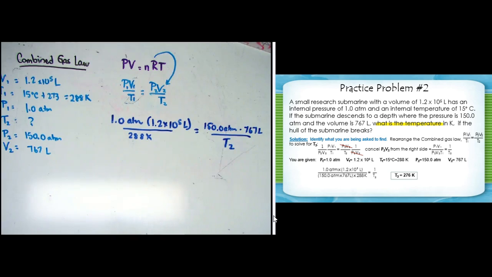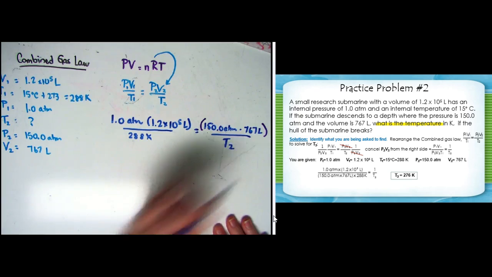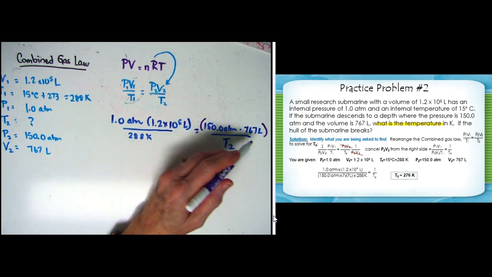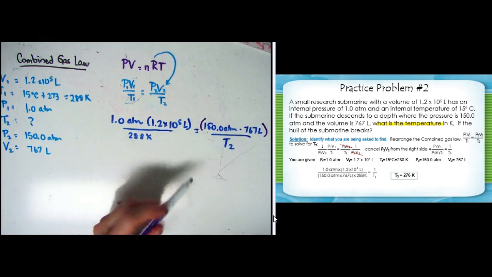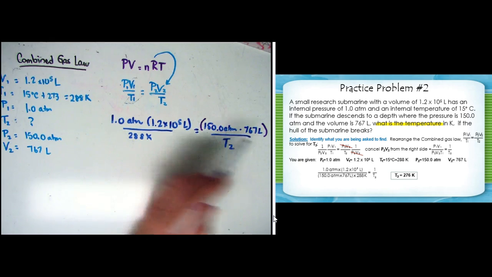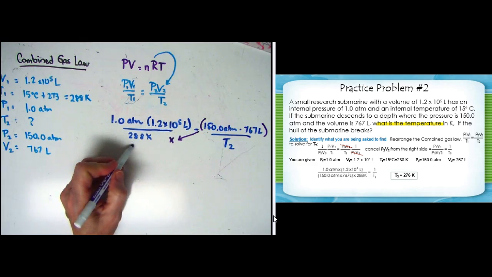So when I talk to you about multiply, divide, equal, what I'm going to do is this. I'm going to take the two of those, 150 atmospheres times 767. I'm going to put in my calculator 150 times 767. I am going to multiply that by 288.